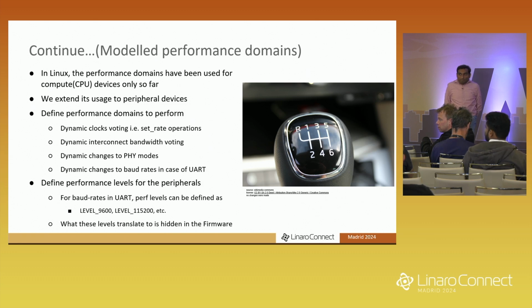Yeah. So the way I see it is that you don't necessarily define a set of performance domains or levels as such. When you do the discovery phase, the platform will tell you how many performance levels it can perform on, and the platform will tell the agent what they mean.